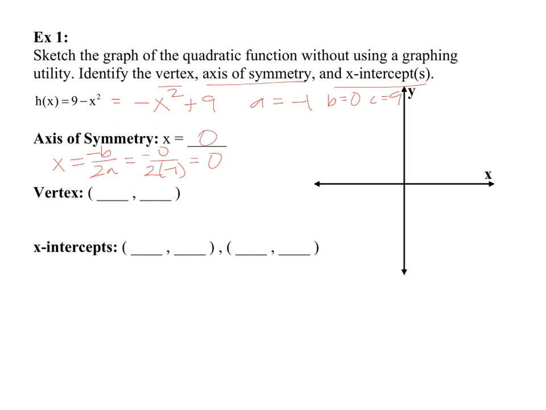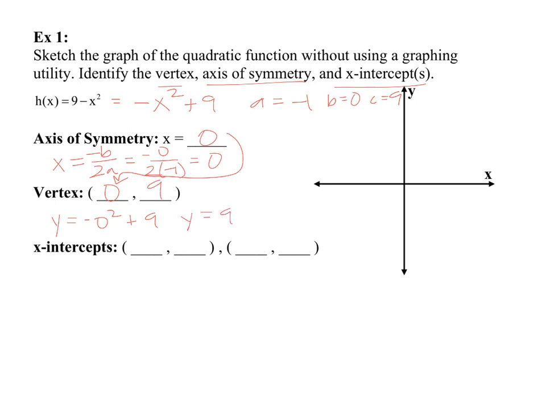And then the axis of symmetry passes through the vertex. So this x value here, you could just put right here. All right. And then to figure out the y value, we simply plug the x value into the function. So we get y is equal to, or h of x is equal to, negative 0 squared plus 9, y is equal to 9.